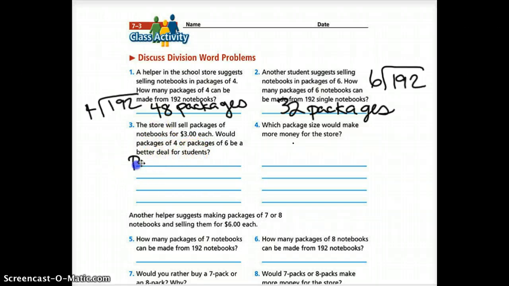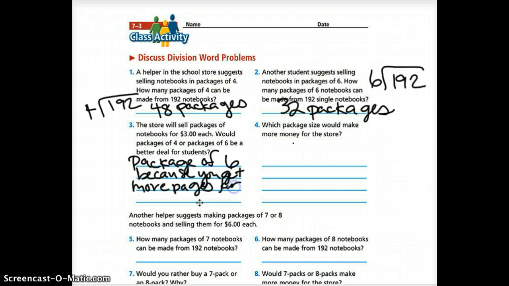The package of 6 would be a better deal because you're going to get more pages for the same amount of money. Which package size would make more money for the store? Well, that would be the package of 4.